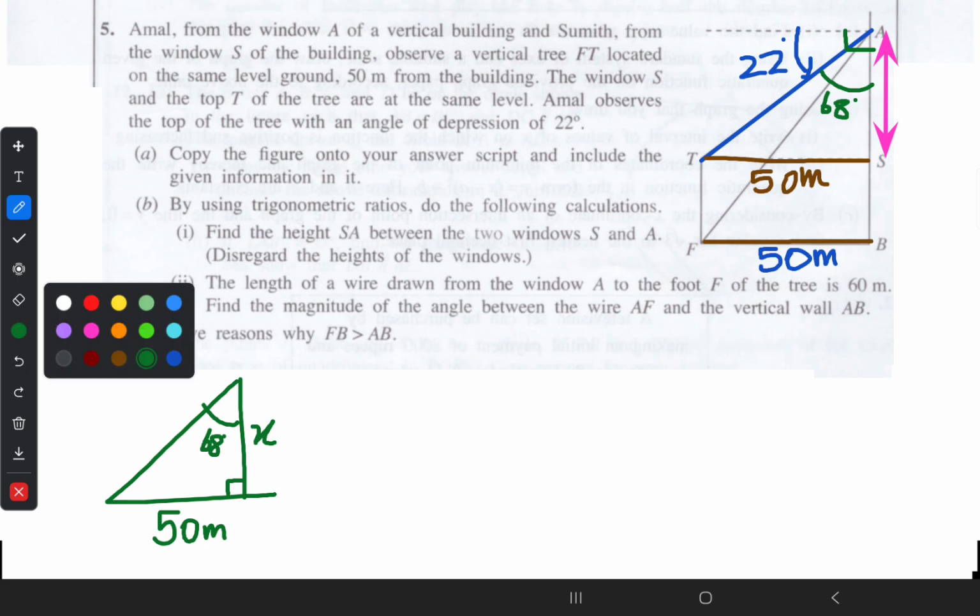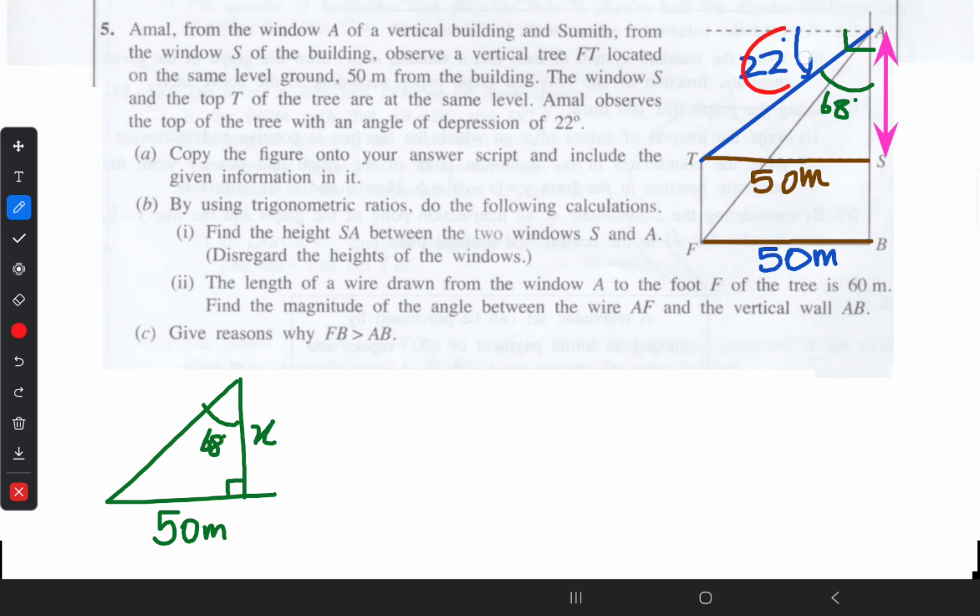I'll repeat once more. From the given detail, we only had this 22 and 50. By using that, we cannot do anything. You have to extract some more details. This total angle is 90. So actually, we are going to consider this triangle because SA is a side of this triangle, no? That's why I am considering this triangle.